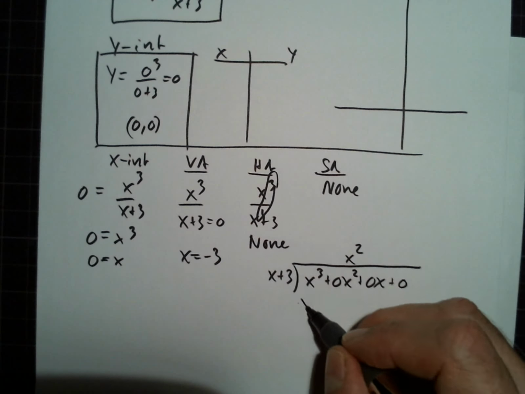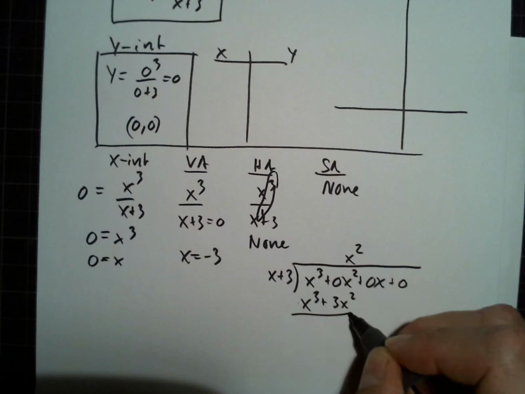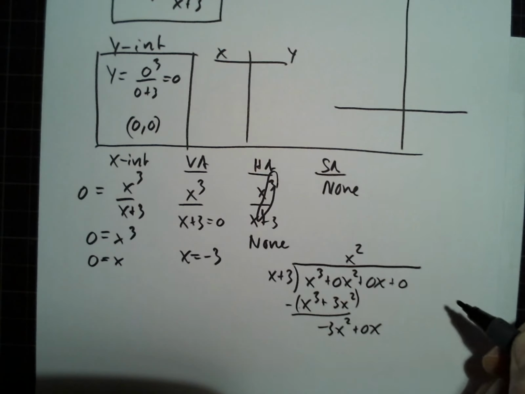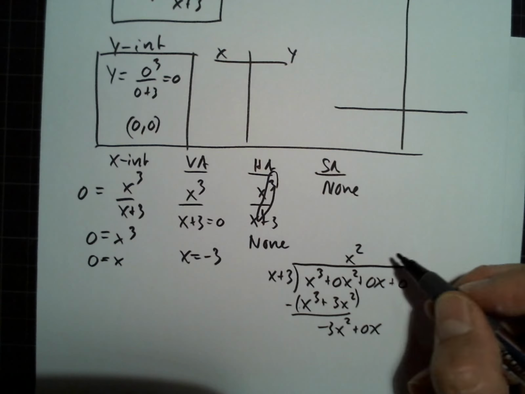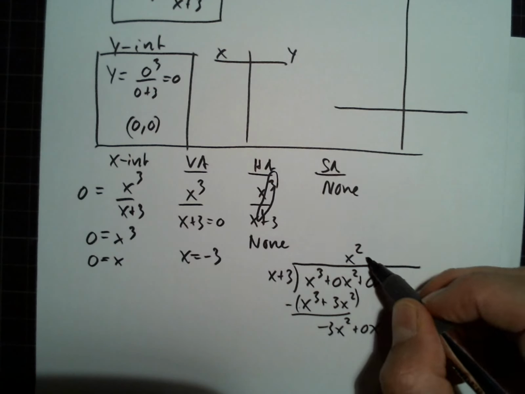X squared times x, 3x squared, and then we'll multiply by -3x.